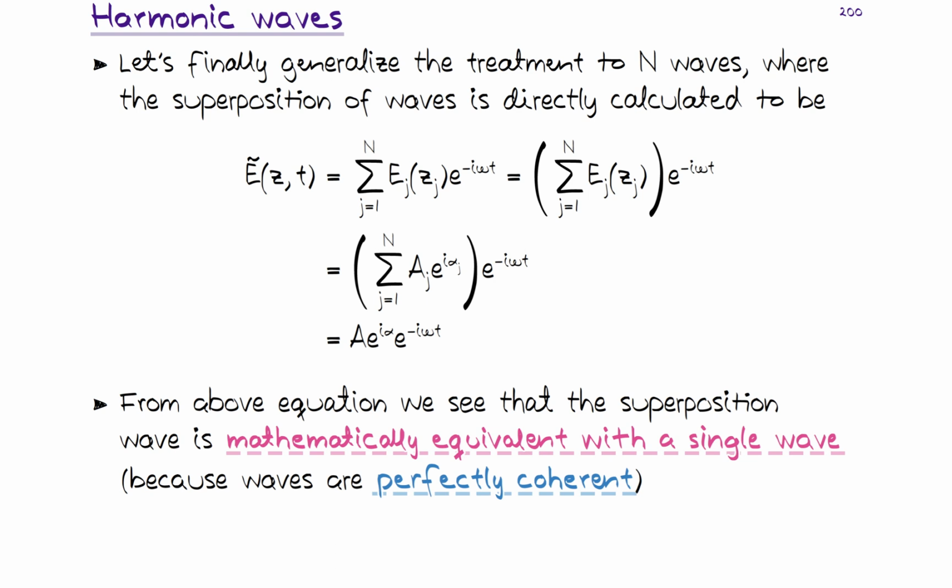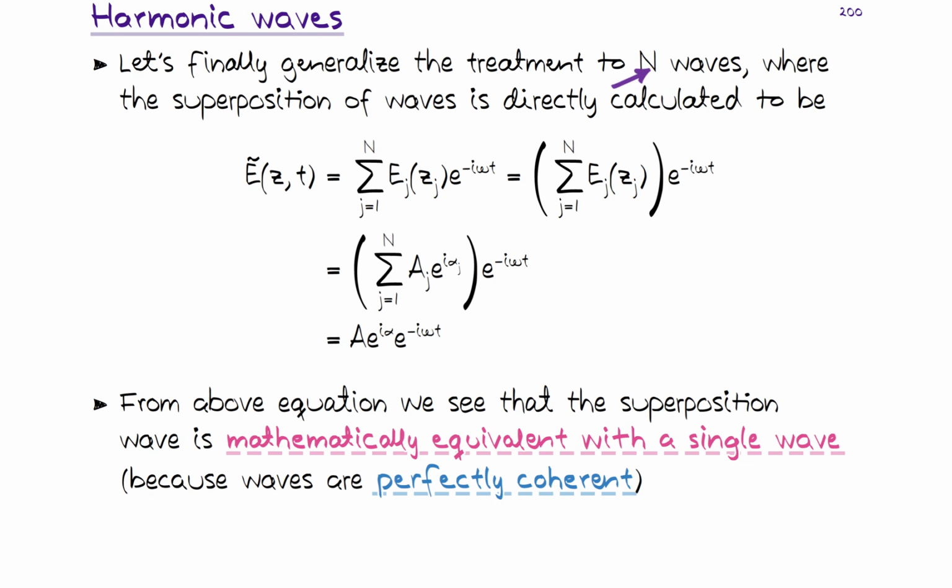So this is what we are implicitly assuming when we are doing our treatment. But if you ever need to generalize the treatment to a more realistic scenario, please note that this is where the magic happens. So we are assuming that these n waves we are summing together are perfectly coherent.